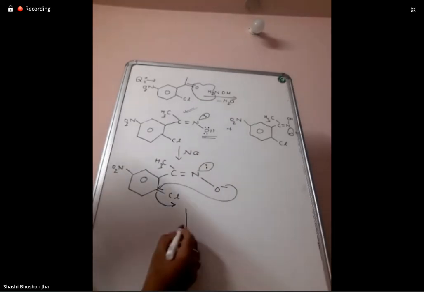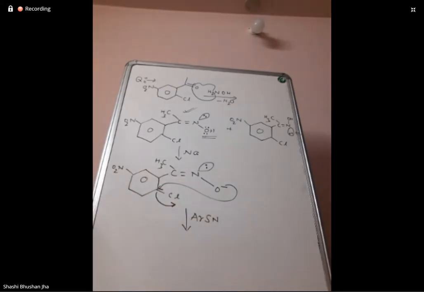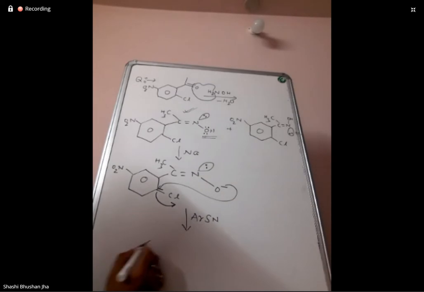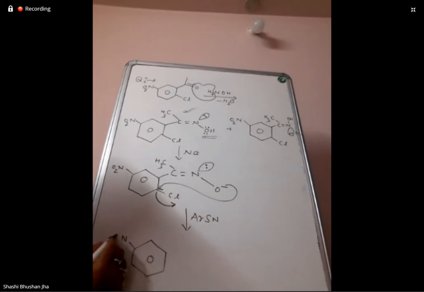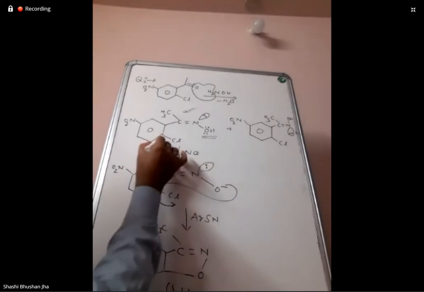This is only ArSN, aromatic nucleophilic substitution reaction, and you will get a cyclic product. This product is U and this is P.